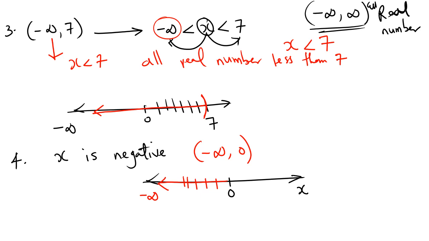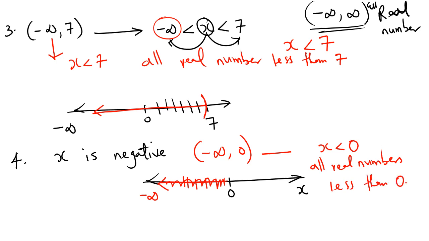Now again, what this means is x is less than 0. All the numbers this way, they're all less than 0. So to write this, you just say x is less than 0. So all real numbers less than 0. This is how you can describe that in words, and then you can see the graph over there.